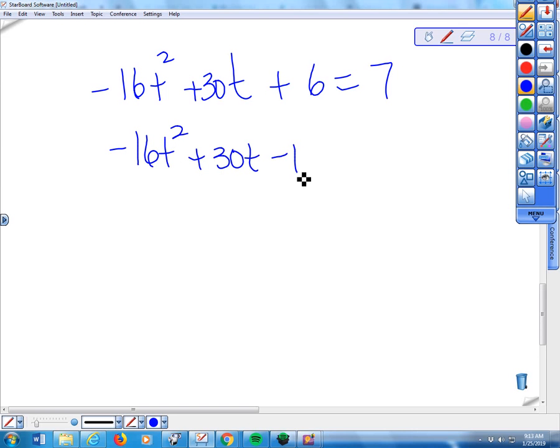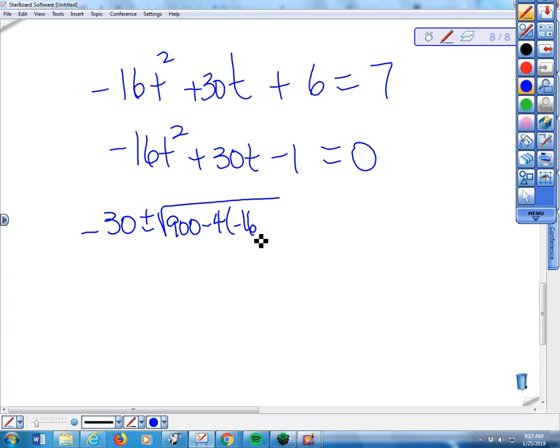Minus 1. And now I just have a quadratic that I put into the quadratic formula. Negative b plus or minus the square root of b squared minus 4ac, all over 2a.